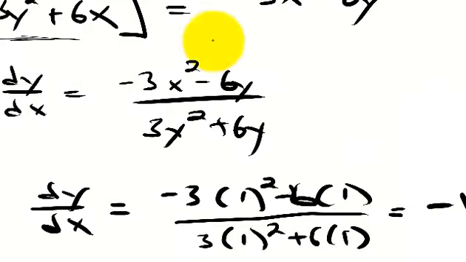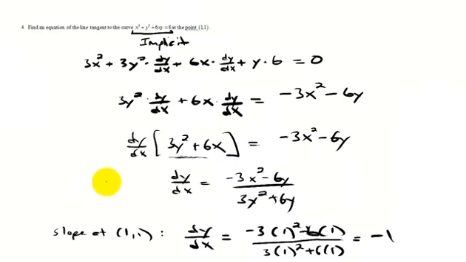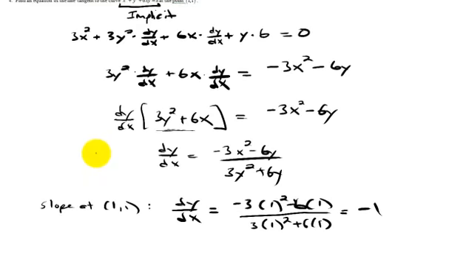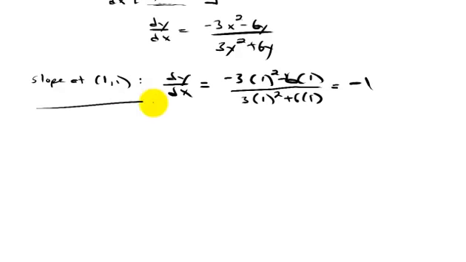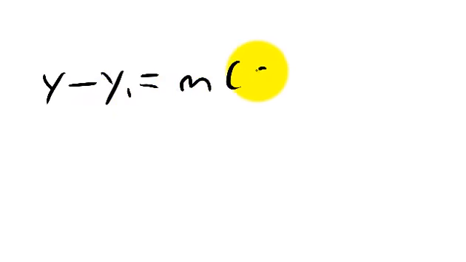So that's the slope. So now I just want to find the equation of the tangent line. Well, in order to do that, I need two things. I need a point, which I have, (1, 1). So I'm just going to use the point-slope formula: y minus y1 equals m times x minus x1.